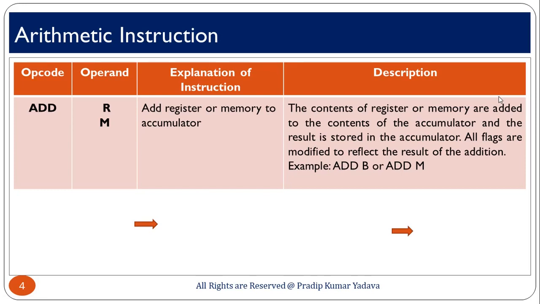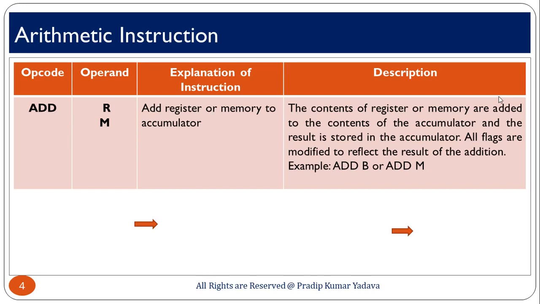R means register. A register can be any of A, B, C, D, E, H, L. We have 7 registers which are generally used to perform any operation. The 8th register is the flag register, and we have already discussed that the working of the flag register is very different from the general purpose registers and the accumulator.